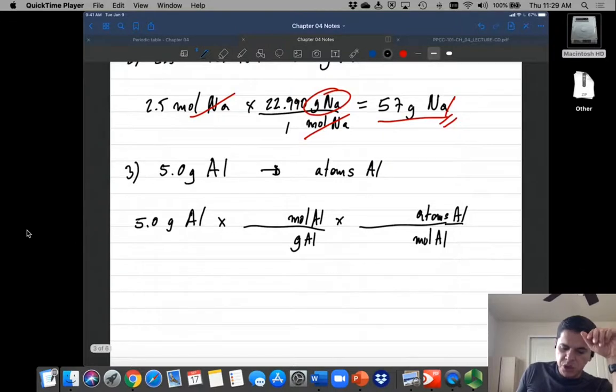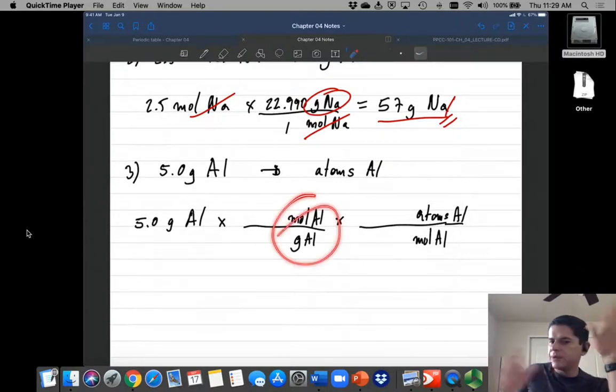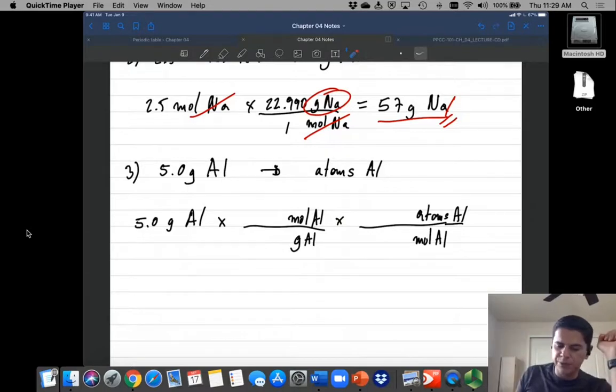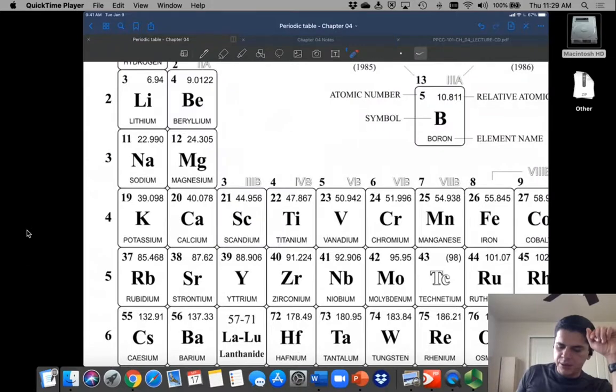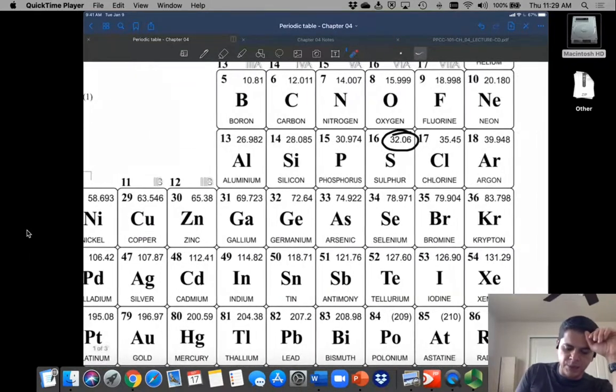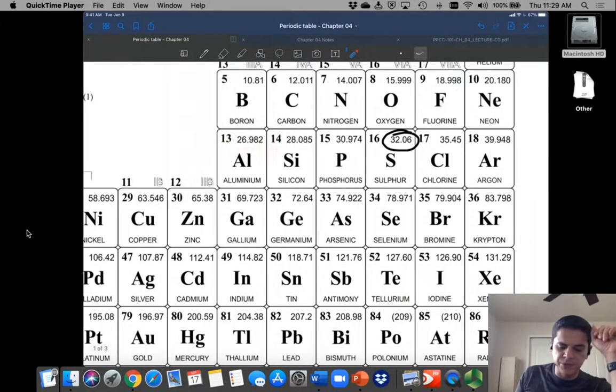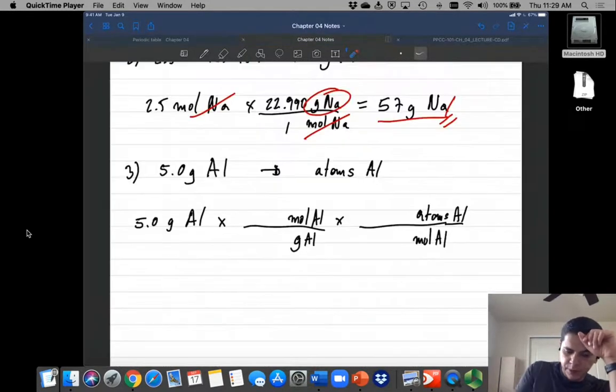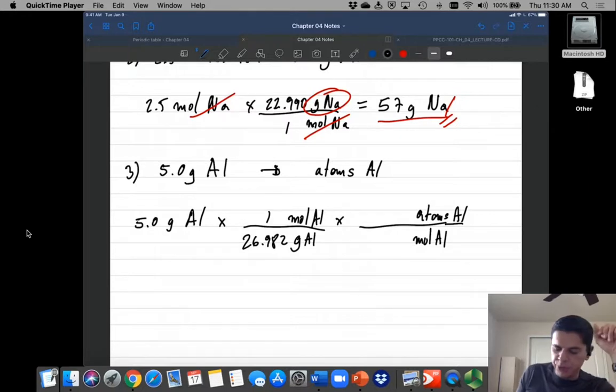Okay. So grams per mole, every time that you read that, or moles per gram, depending on which way the conversion factor is written, you're always going to find that thing is the molar mass. Find it in the periodic table. So 26.982. So then we go here. 26.982 goes with the grams, and the moles is 1.